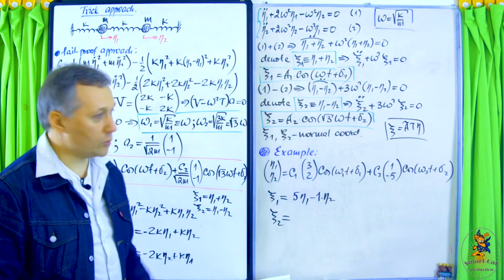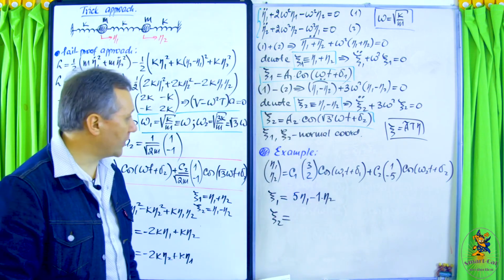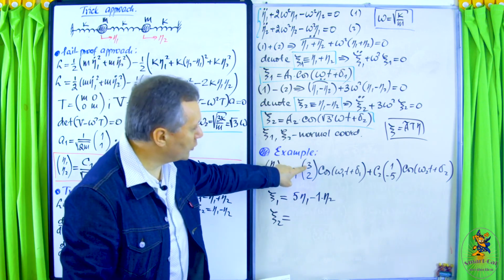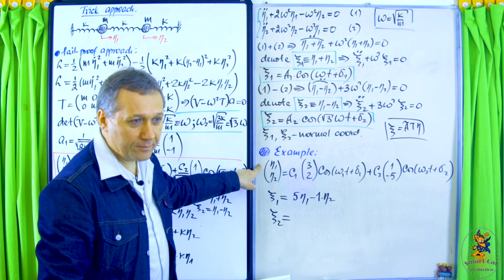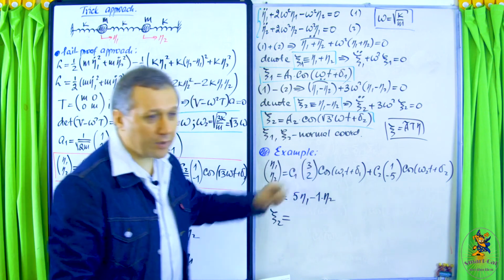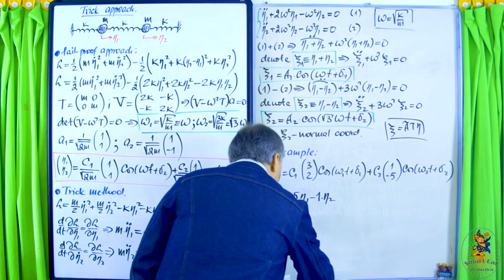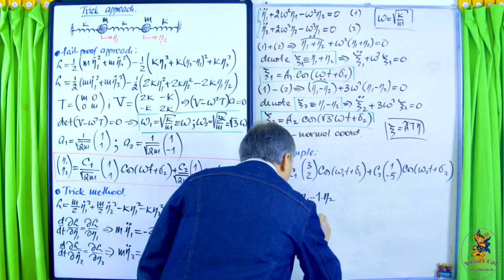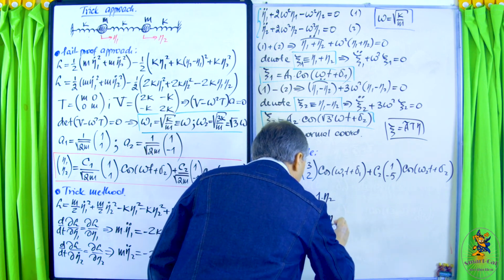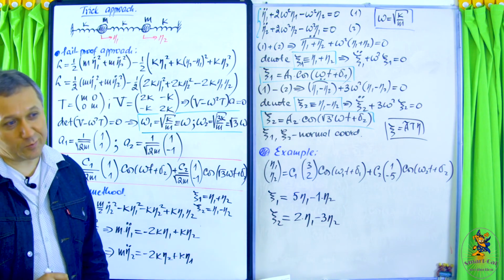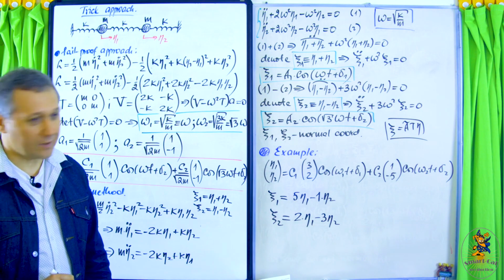I want my xi 2 to oscillate with the frequency omega 2, so I need to damp this. So how can that be done? I need to take 2 parts of eta 1 and subtract 3 parts of eta 2. So it will be 2 eta 1 minus 3 eta 2. And that will give me oscillations only with frequency omega 2.